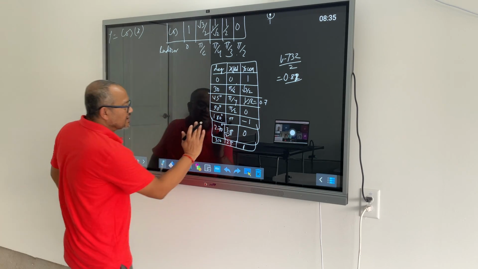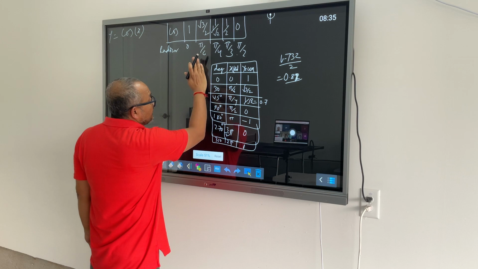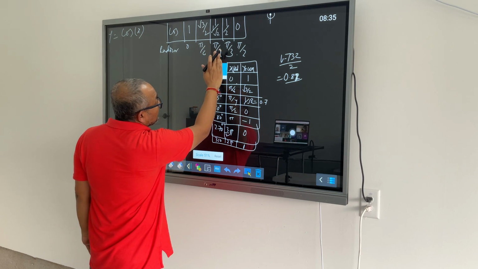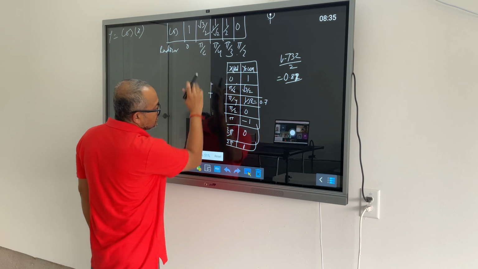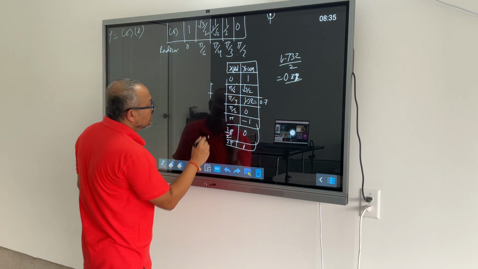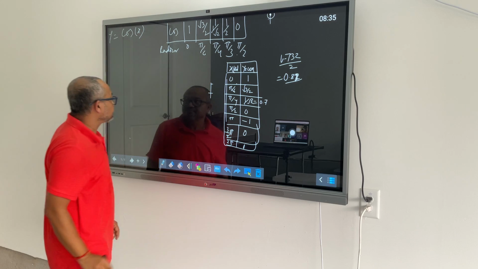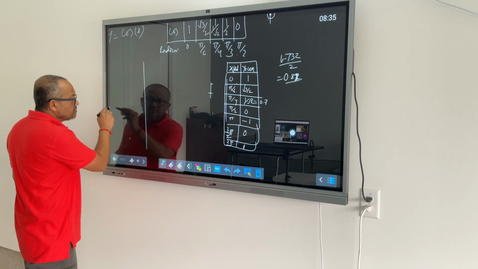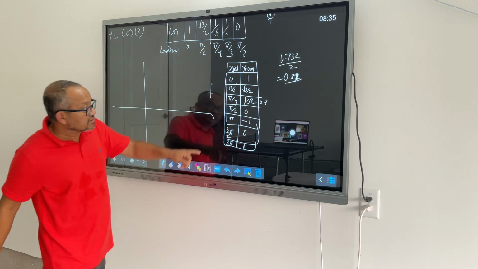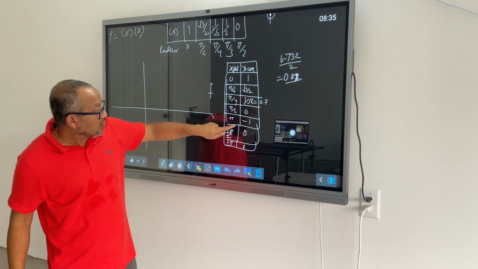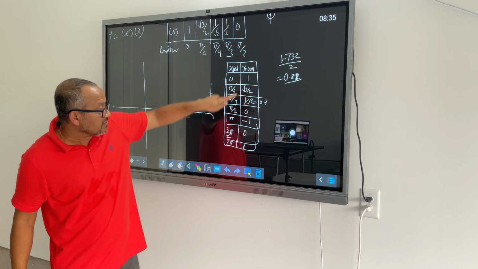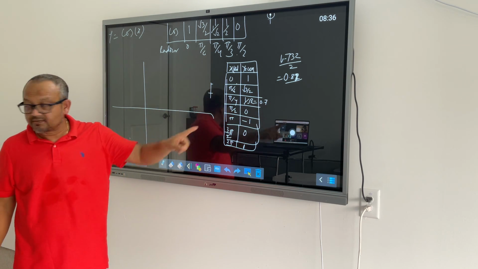Now we have all the values that we need. You forget about the degree now, because this was only for our reference. So let's knock it off. This is 3 by 2 pi. Same step we will do one more time. And good news is the cos value is also ranging from 1 to -1. So maximum is 1, minimum is -1, and the whole cycle repeats.